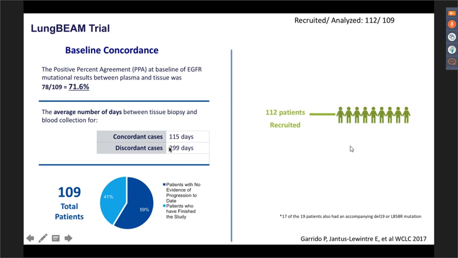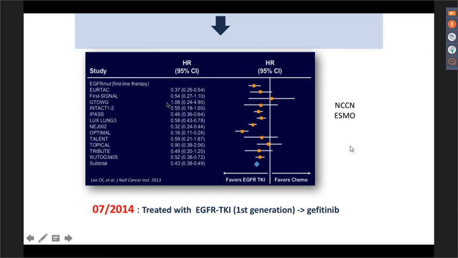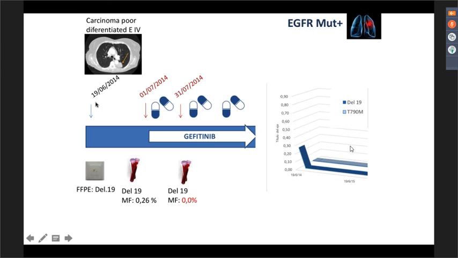Well, let's go back to our patient, and according to the guidelines, our patient initiated treatment with the first generation EGFR TKI. In this case it was gefitinib, and she started treatment in July of 2014. And let's see what happened.